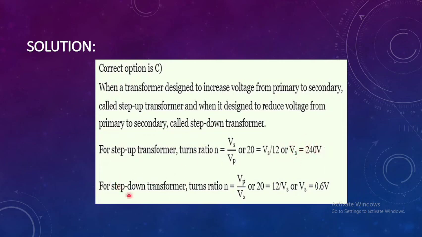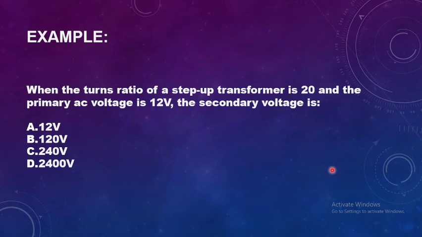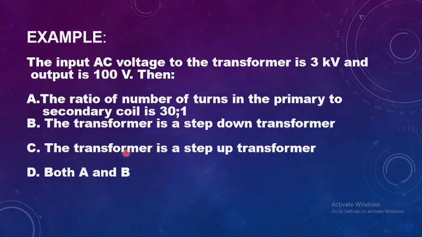And for the step-down turns ratio, the primary voltage divided by the secondary voltage. So the answer is option C. So the secondary voltage is 240 volts.